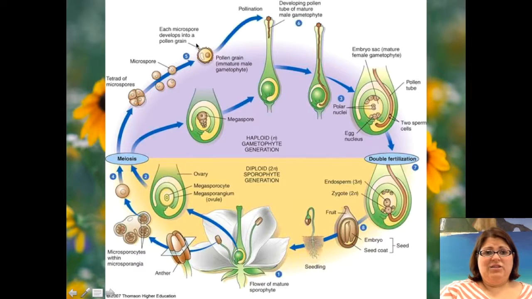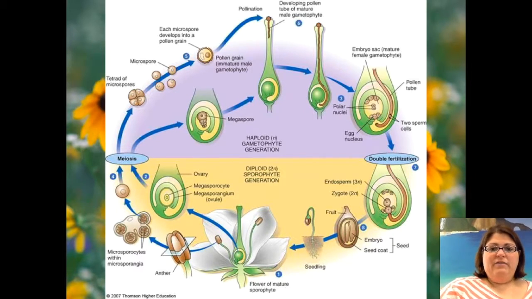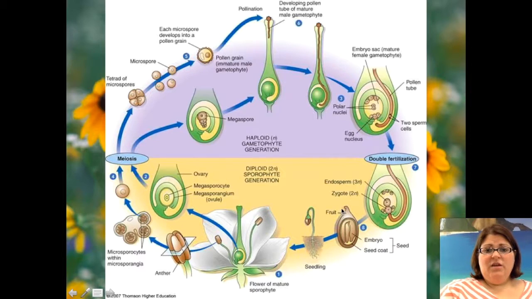And after pollination, which comes from the pollen grains, the microspore of the gametophyte, it is caught by the sticky substance at the top, travels down a pollen tube where fertilization happens, and usually there's double fertilization. The first fertilization is for the seed, and the second one is for the ovary, and from there the embryo develops with a fruit around it, and from there that's what we use to grow new seeds.